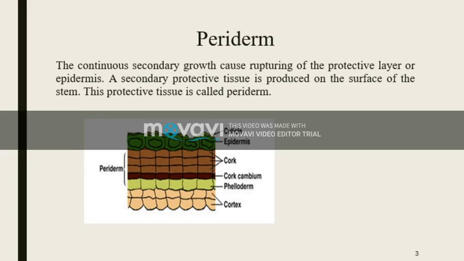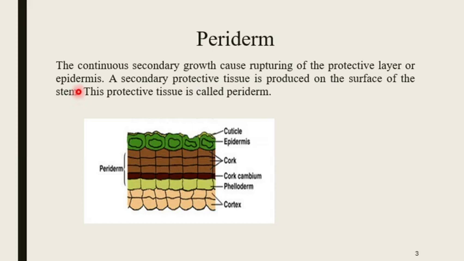Periderm. The continuous secondary growth causes rupturing of the protective layer or epidermis. A secondary protective tissue is produced on the surface of the stem. This protective tissue is called periderm.